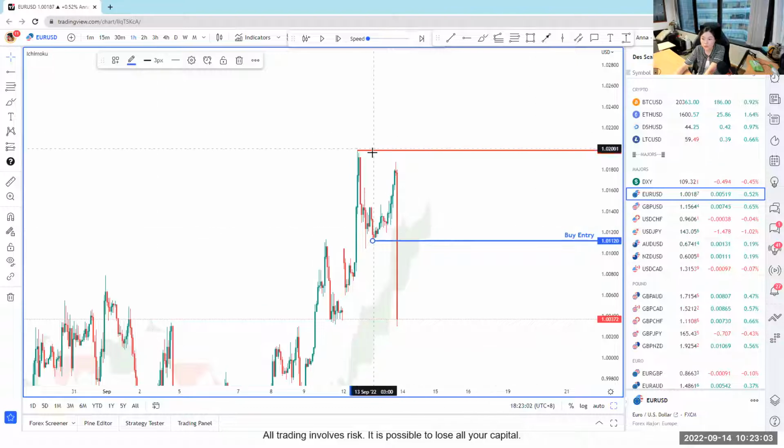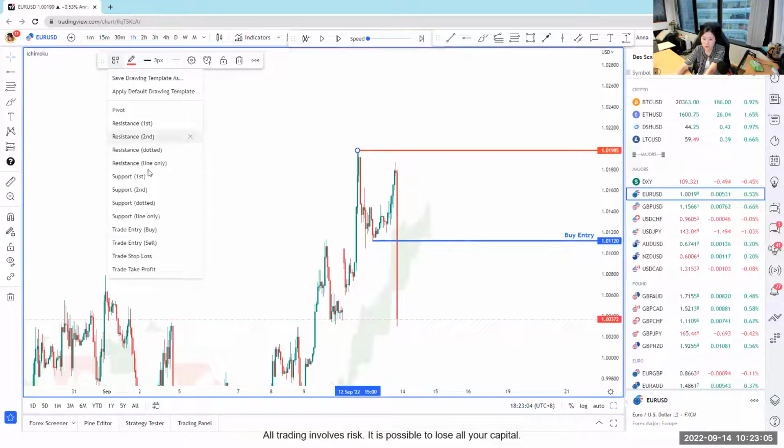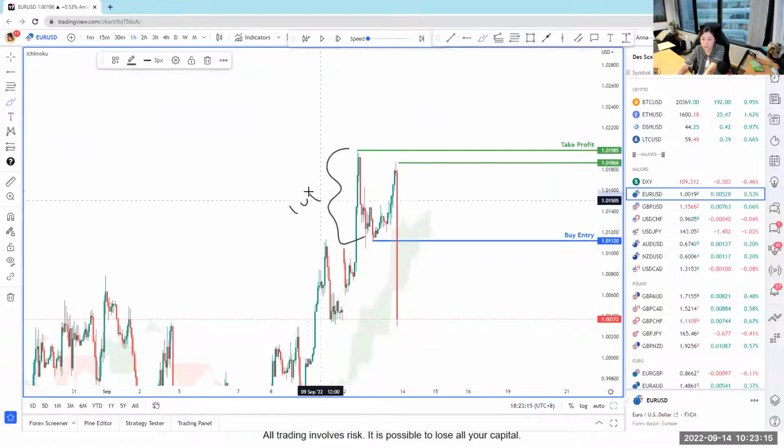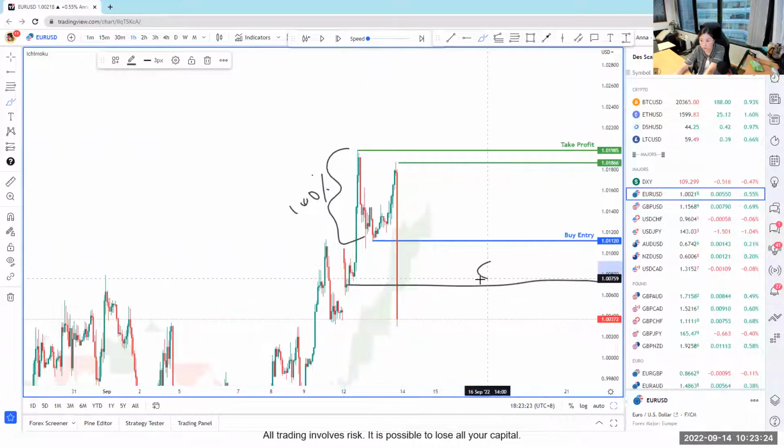Your buy entry is here. And then you put your take profit here exactly at the peak. This is where it happens. So imagine if just because you want to have the full 100% of take profit, when the price came here, you ignore and it fell all the way back down to your, probably your stop loss is here. Okay, you do not want this to happen. So always take profit slightly before.